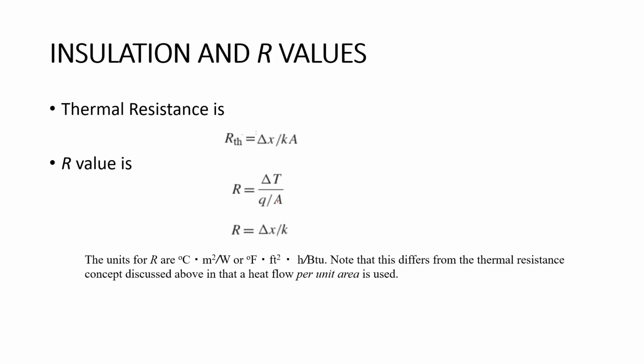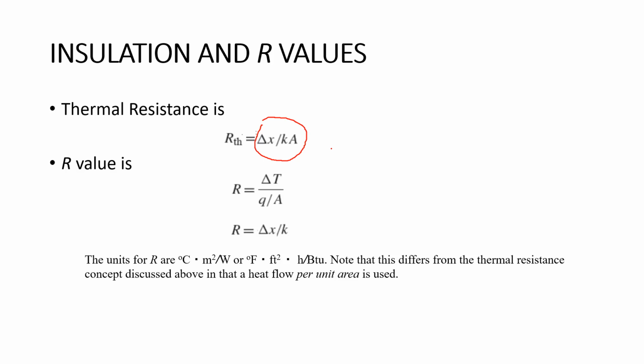Now remember, we are already familiar with thermal resistance, and just for your revision, thermal resistance is thickness of the material divided by thermal conductivity of the material into area which is exposed to heat flow.